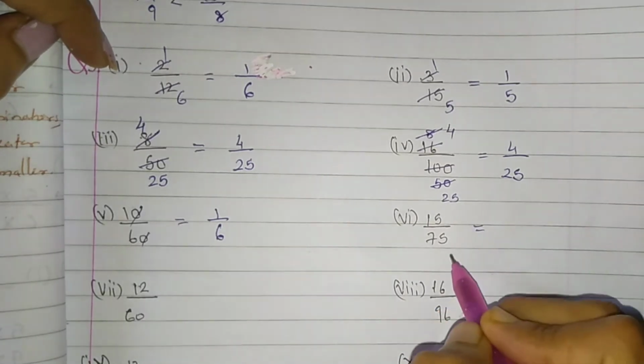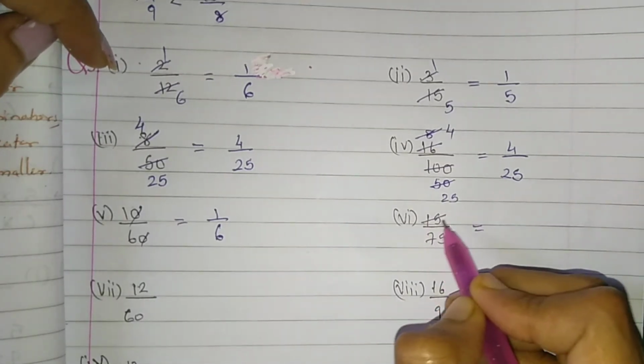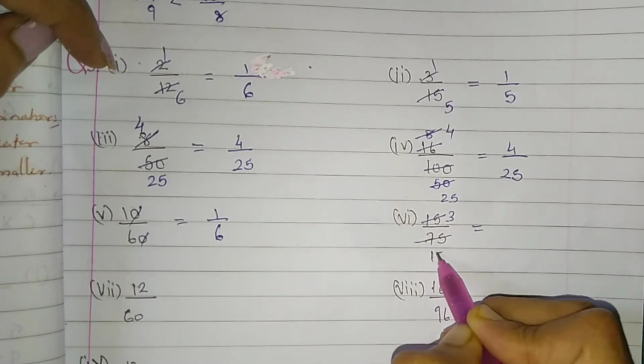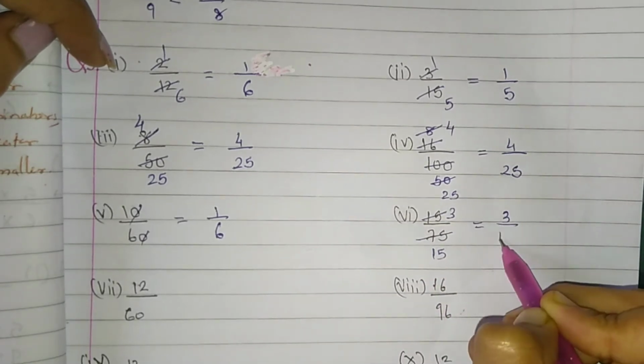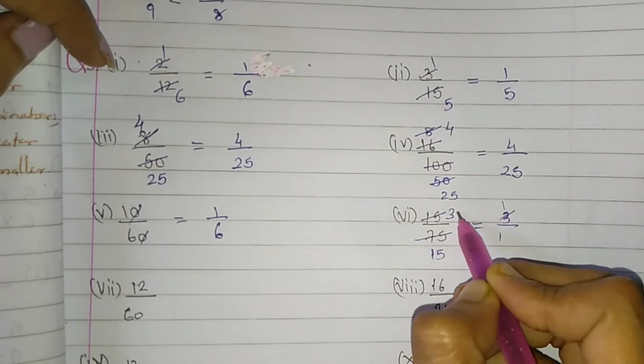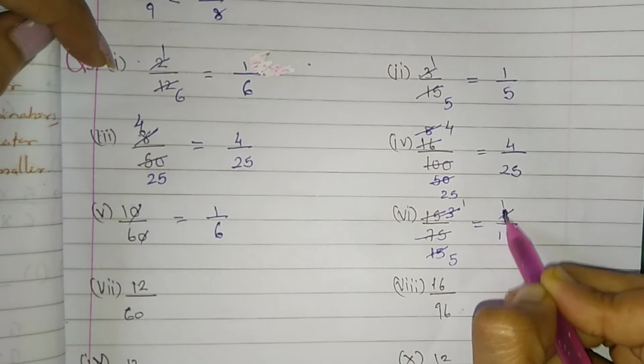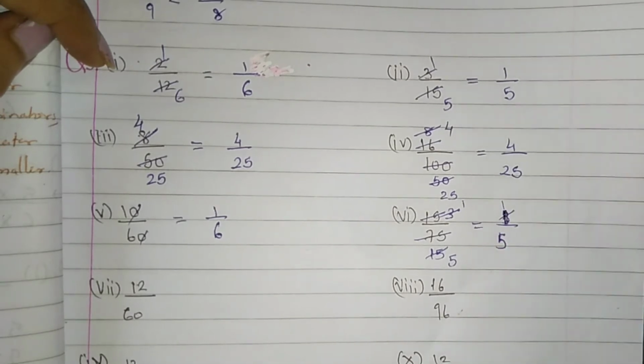Here 15 upon 75, 5 threes are 15 and 5 fifteens are 75, so 3 upon 15, so 3 ones are 3 and 3 fives are 15, so 1 upon 5 is the answer. Here I only had to cancel out.